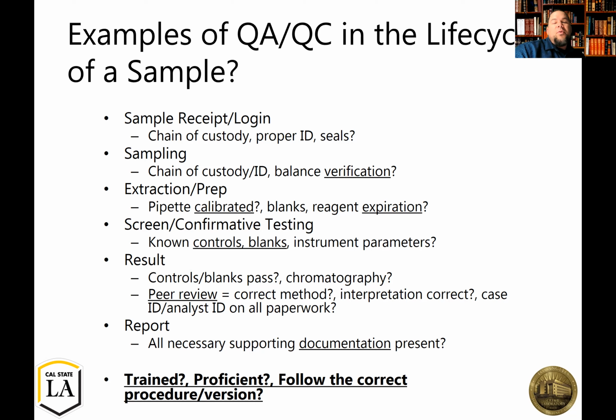That's why it's so important to look at your controls and your blanks. If you have signal in the blank and you're not supposed to, that's a problem. You have to go in there and make sure the controls work and the blanks work.